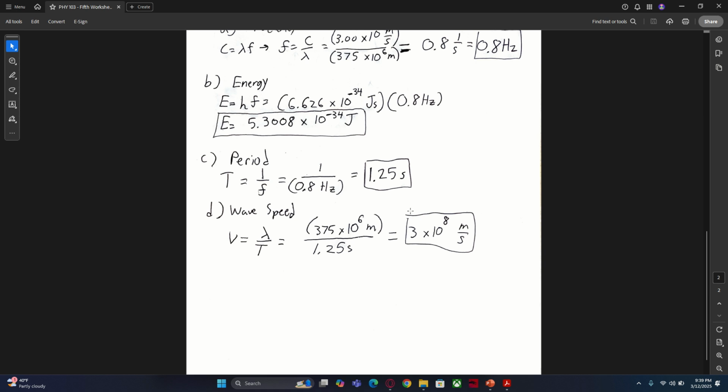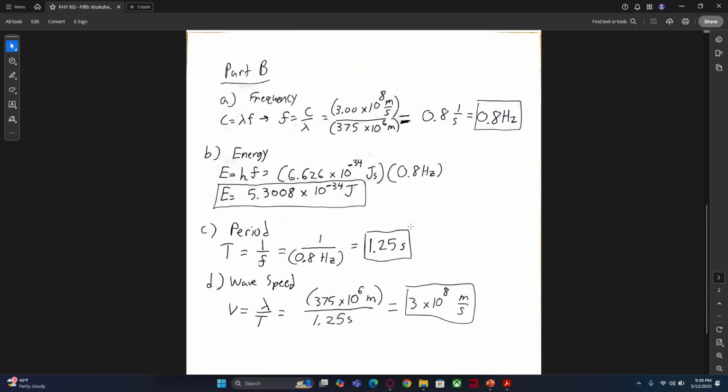So, since we got back our speed of light, since we were working with a light wave, that's a pretty good way of saying that the values we calculated along the way, definitely frequency and period, check out.